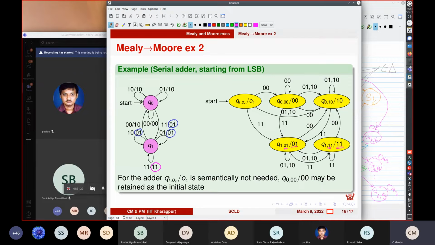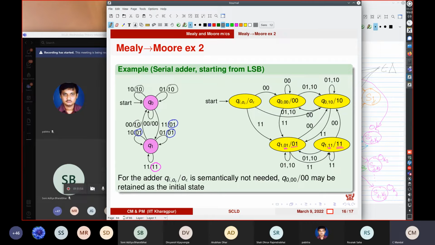Now let us see Q0. For the incoming transitions, I've got 1, 0, 1, 0.